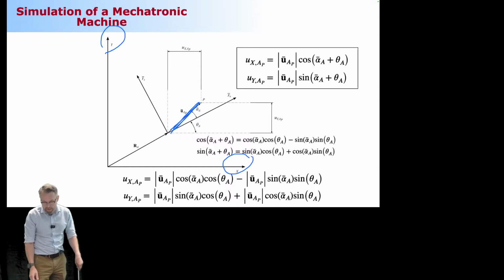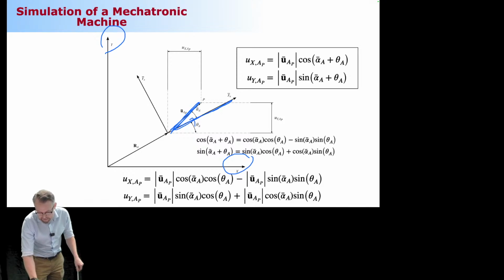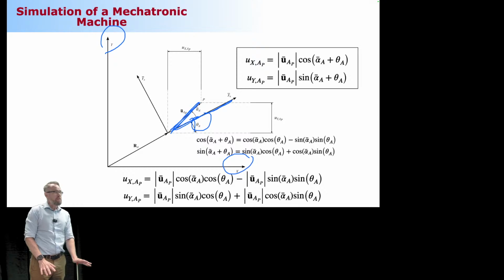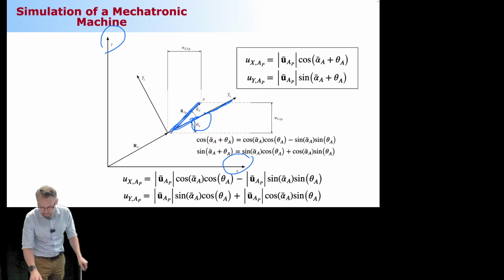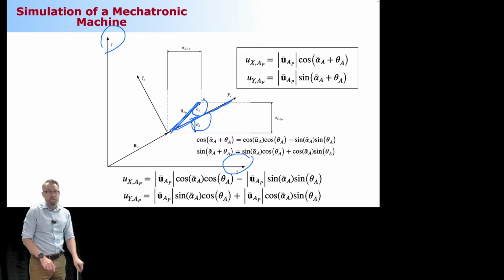How can we make that happen? We know that the body is already rotated by an amount theta, that is this one. This is how much the body reference coordinate system is rotated with respect to the reference coordinate system. We also know that there's an angle called alpha between the body reference coordinate system and the vector U bar. This is information we can get easily, no problem.